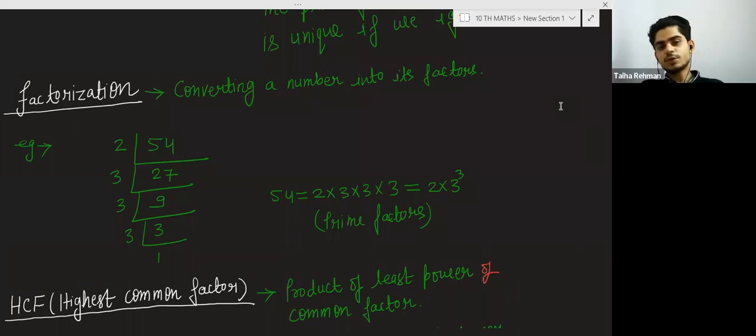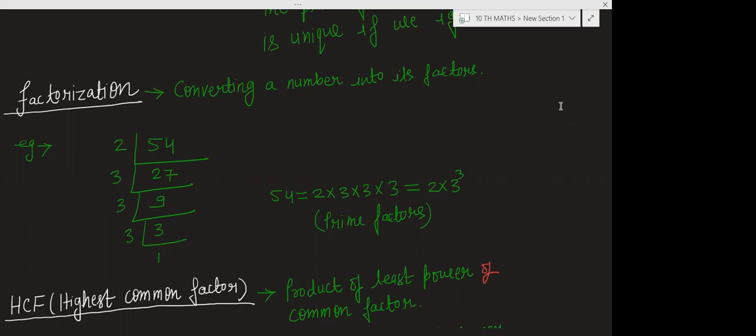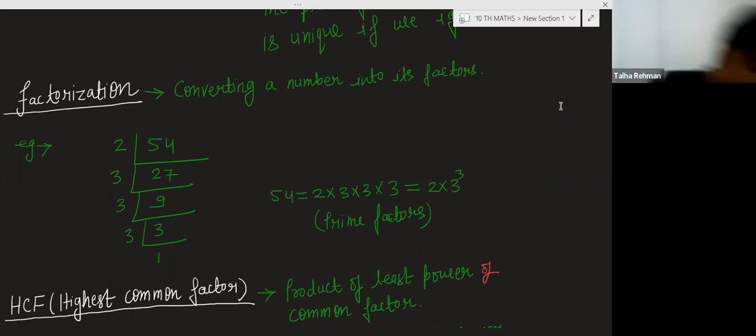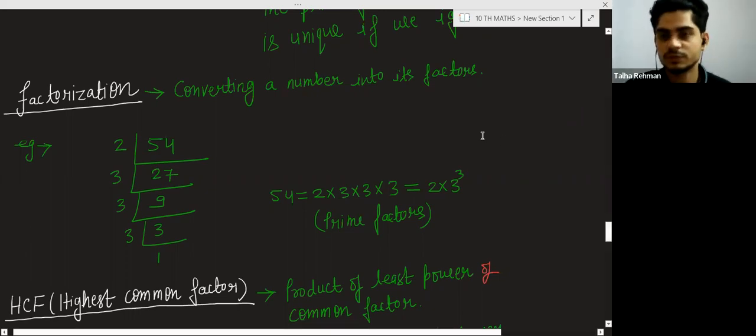Nobody will ask you what is factorization, what is the fundamental theorem of arithmetic, what is HCF. They will ask you instead, find the value of HCF, factorize the number. There are very few chances that they will ask these kinds of questions.